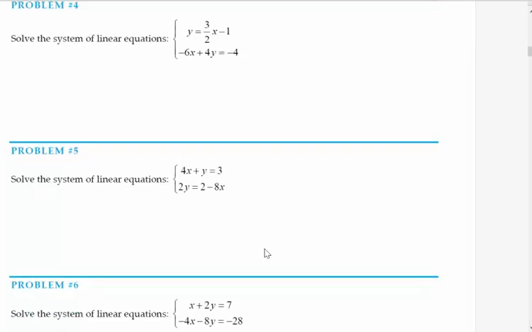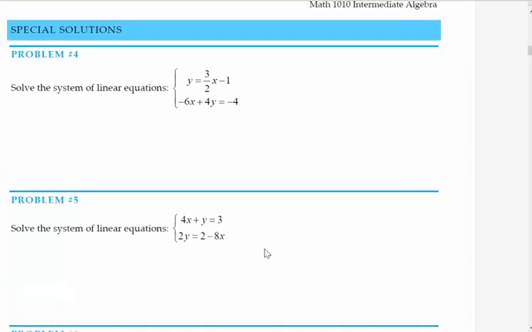Okay. All right, now I want to look at 2 of these, and then I'll save 2 for you to do. So looking at this first one here, I want you to think about whether the substitution or elimination method might be best to use in this, might be quicker.